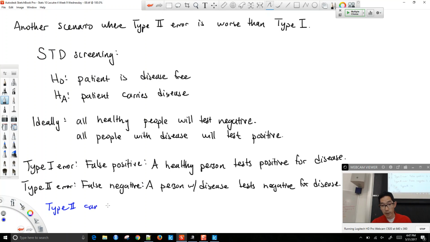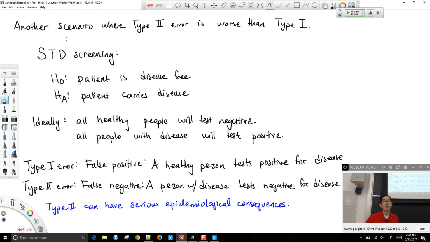Okay, so type 2 error can have serious epidemiological consequences. Okay, I mean, it doesn't even have to be STD. It could be any disease, right? Ebola or whatever.